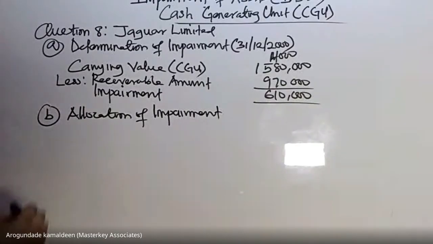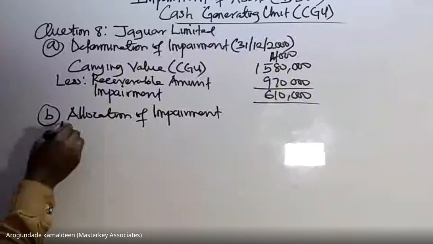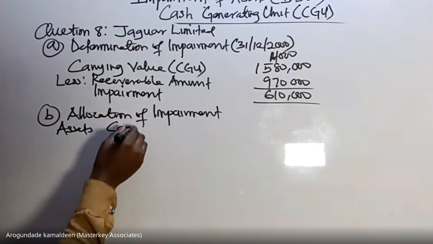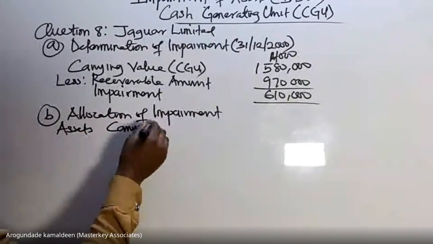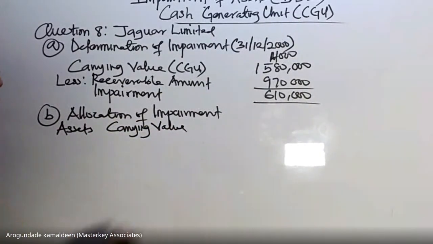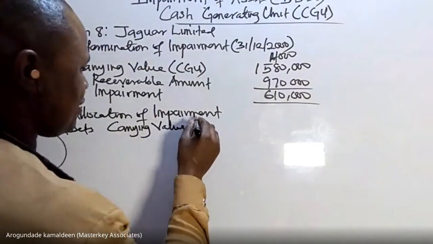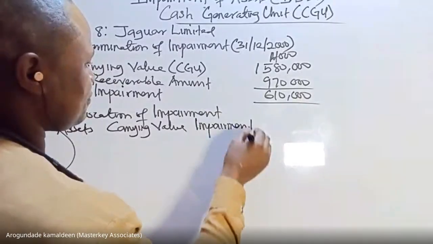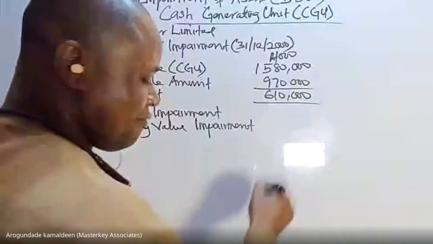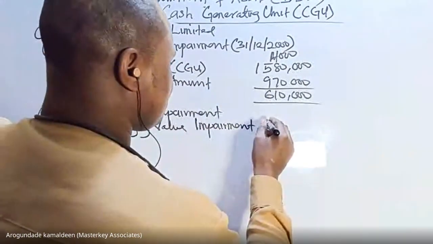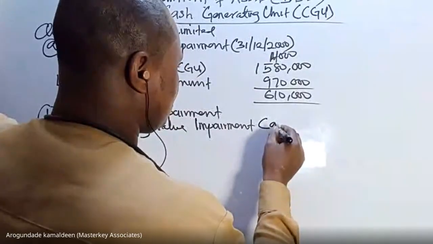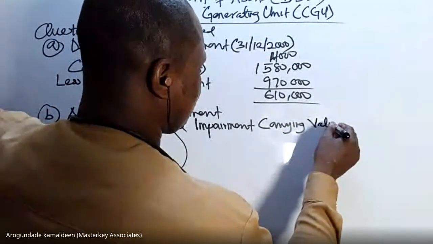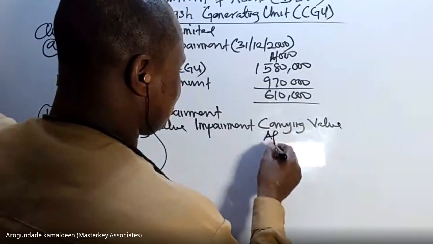Okay, here you have the asset, the carrying value, and the impairment itself allocated. Now, the carrying value after impairment.